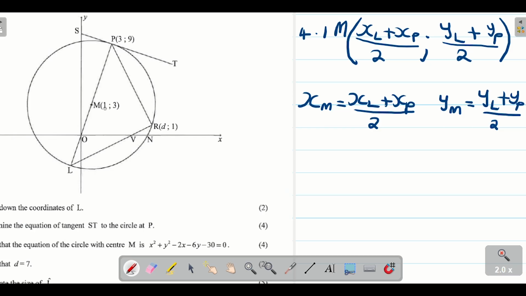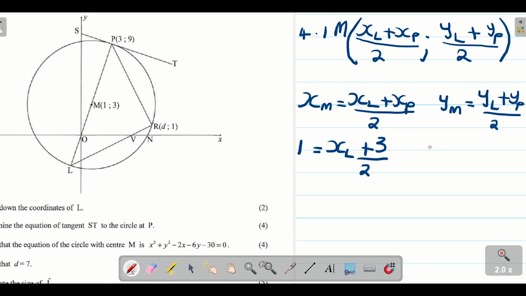The x value of M is 1, so we substitute 1 equals x of L, which is what we are looking for, plus the x value of P, which is 3, all over 2.